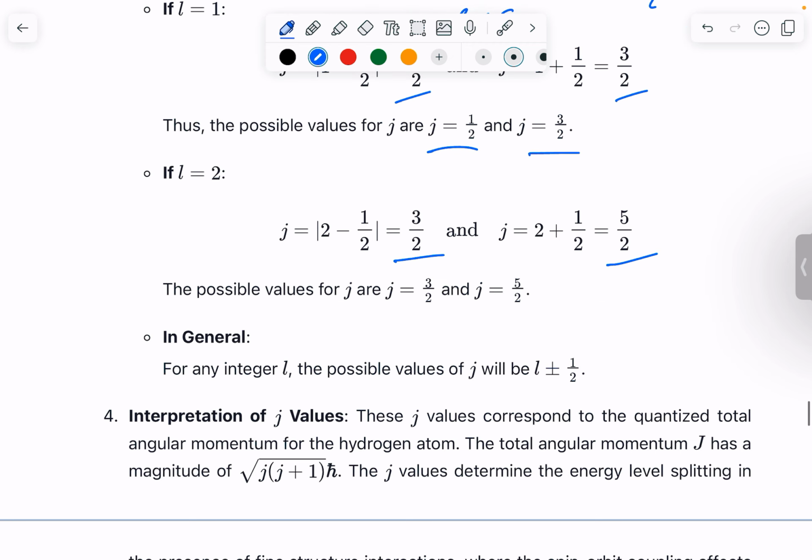And you can generalize it for the hydrogen atom, so the only possible values of J are going to be L plus or minus 1/2. Okay, it's very easy. L is equal to 0, you end up with a single value. L is equal to 1, 2, 3, you end up with 2 possible values of J. That's great.